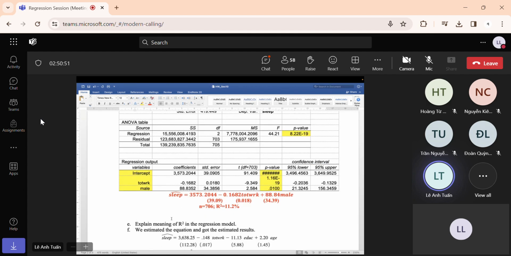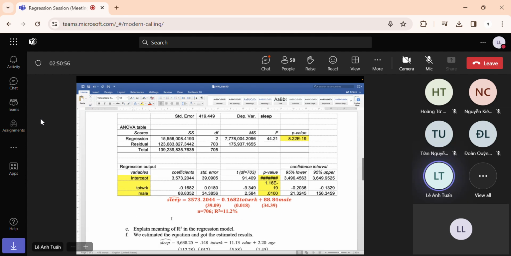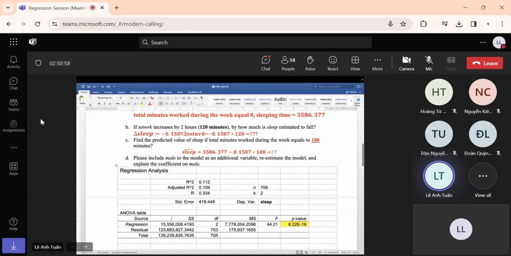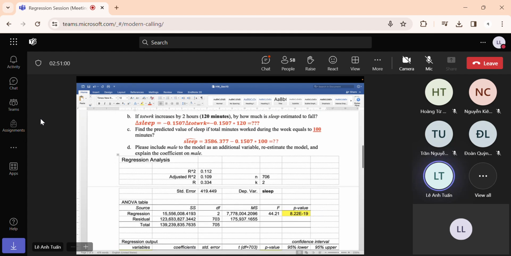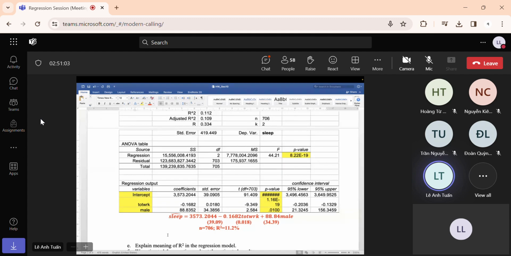Okay, here. So they ask us to explain the coefficient on male. How to interpret the coefficient on male?